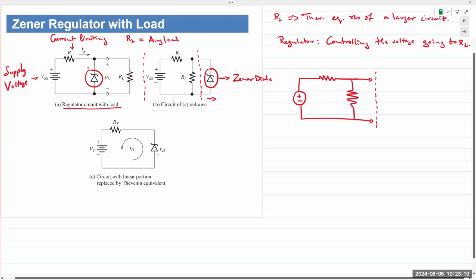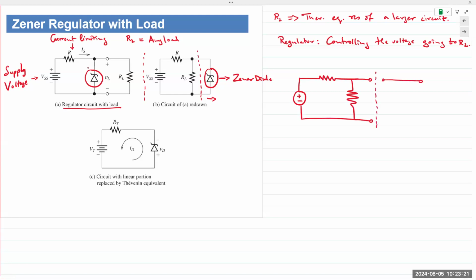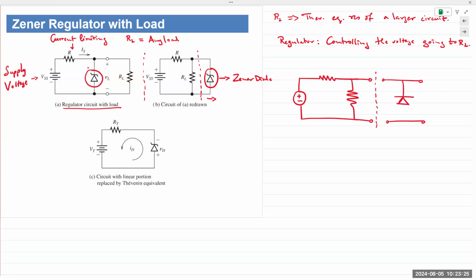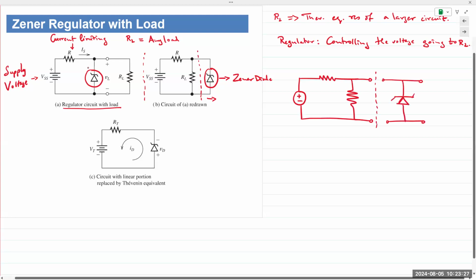And this is where I'm going to analyze the rest of the circuit without my Zener diode. Okay, RL is inside, this is R, and this is VSS.